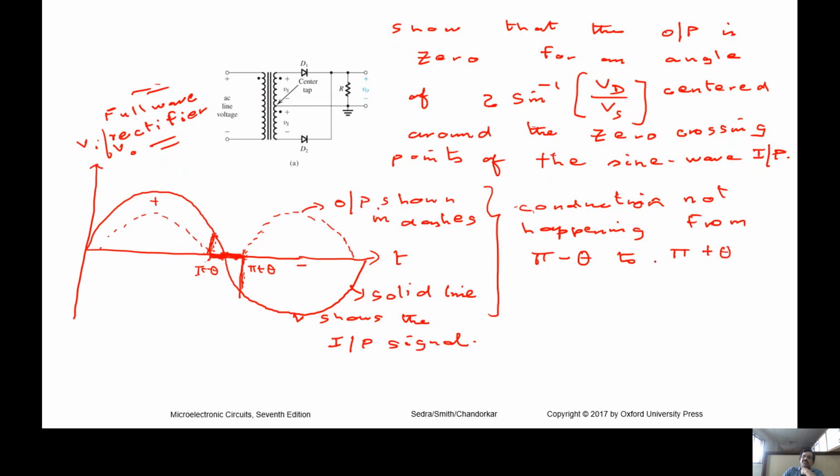Which means, for a total angle centered around this 0, in this region by the solid line, both the diodes are not conducting.